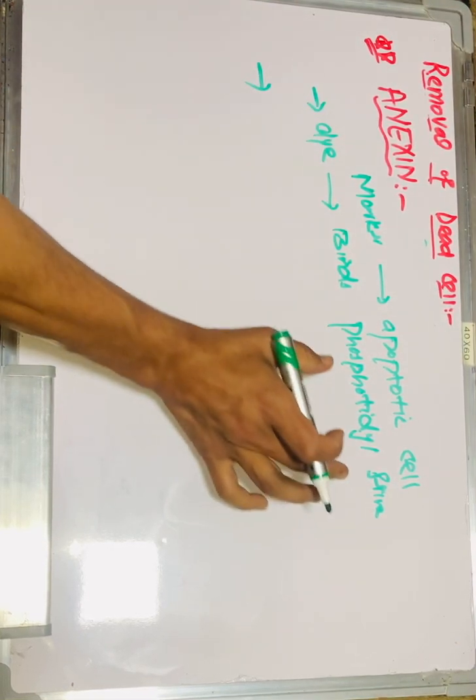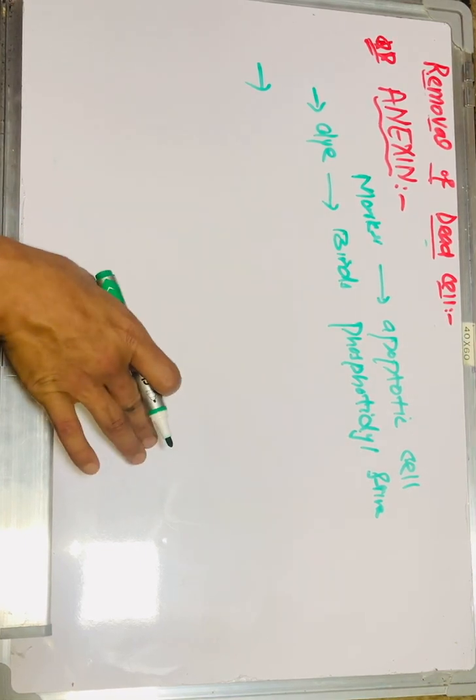We already said that phosphatidyl serine comes out from the inner membrane to the outer membrane.